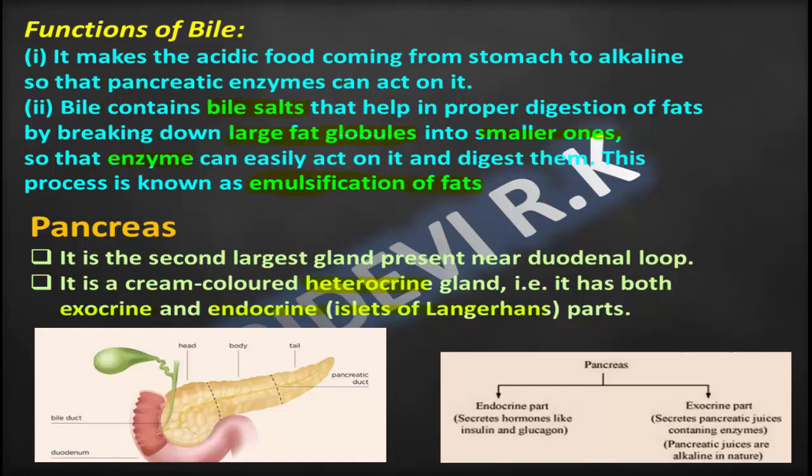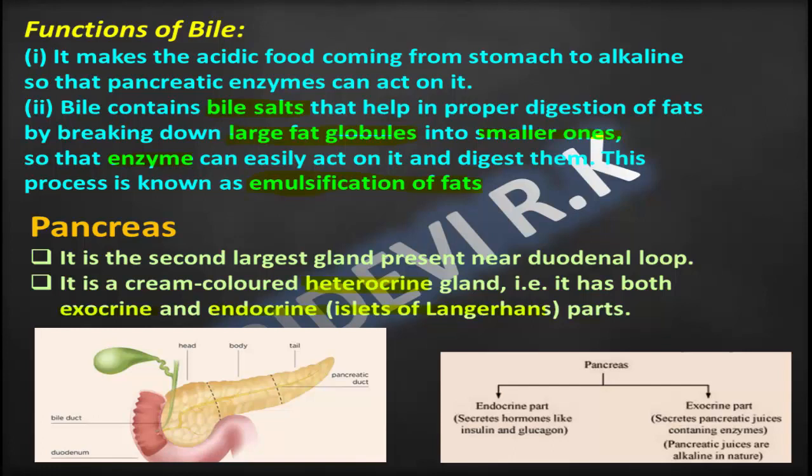The ovary and testis also function as glands as they secrete some secretions. The glands of the human body are divided into two types: exocrine glands and endocrine glands, and there is a clear-cut bifurcation. Some glands are purely endocrine and some glands are purely exocrine.